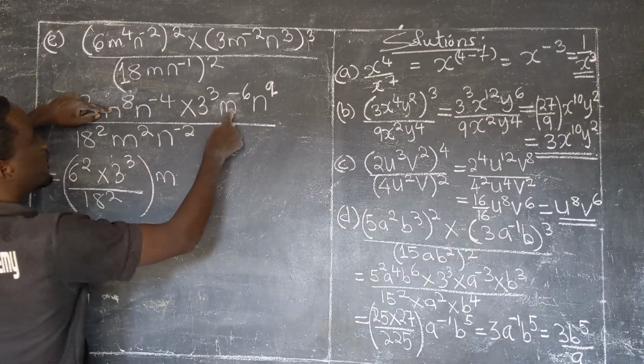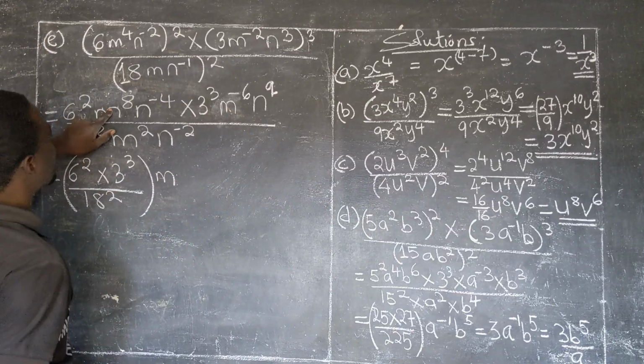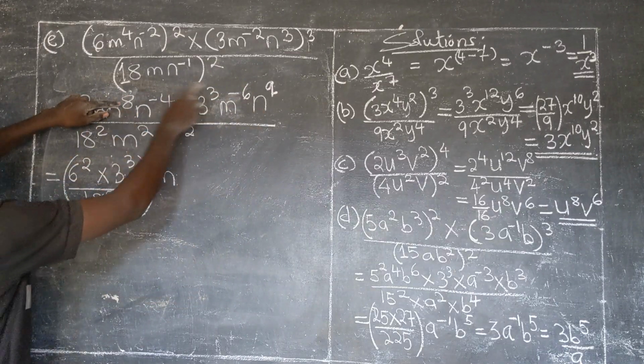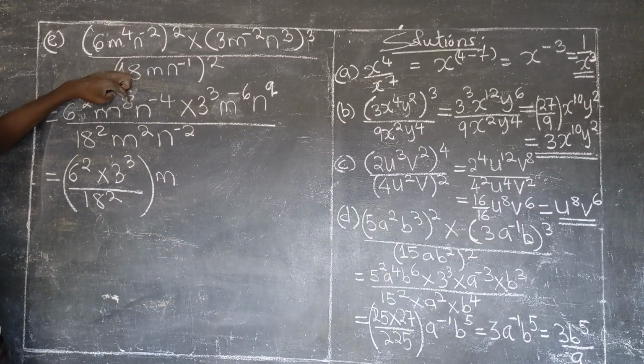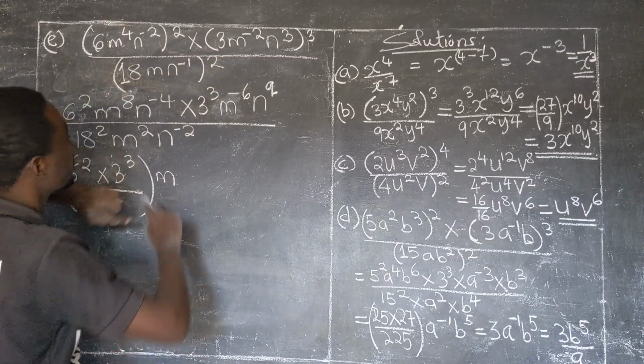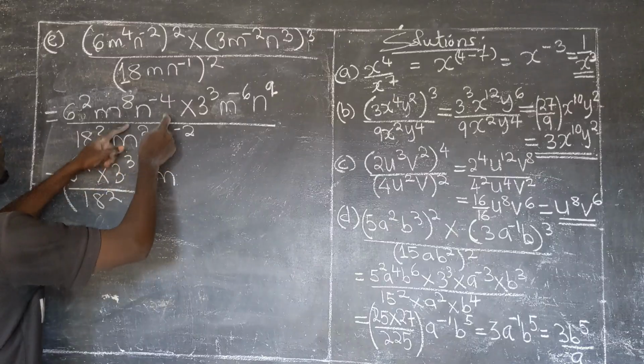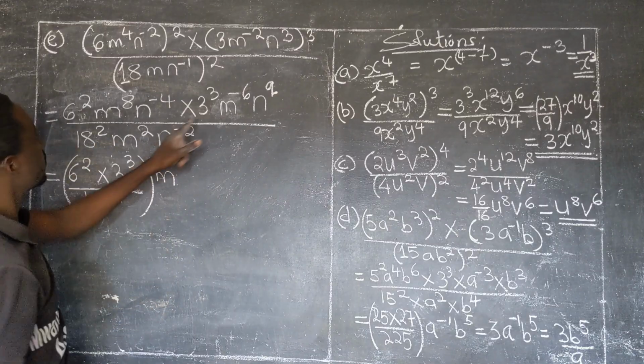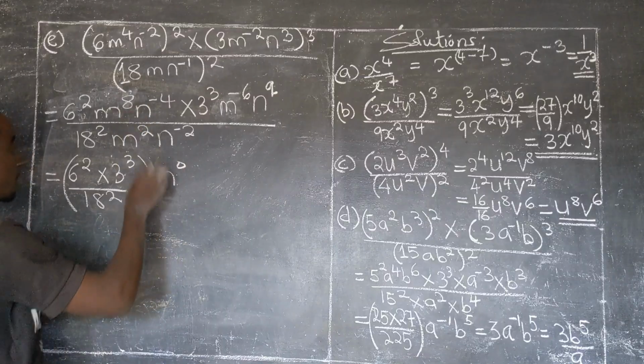We have m here and here in the numerator, multiplied. m raised to 8 times m raised to negative 6, we take a single m and add the exponent. 8 plus negative 6, we get positive 2. Positive 2 minus 2 in the denominator here. Now we get 2 minus 2, which becomes 0.